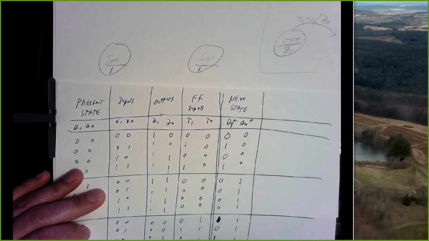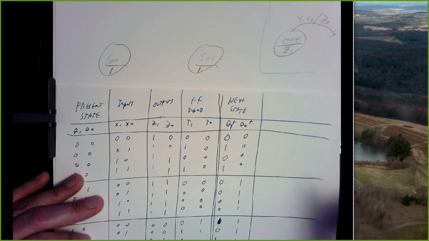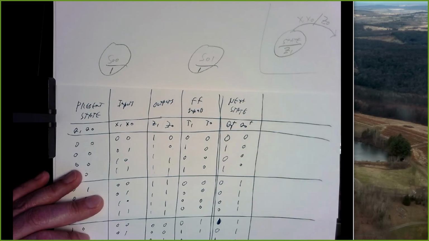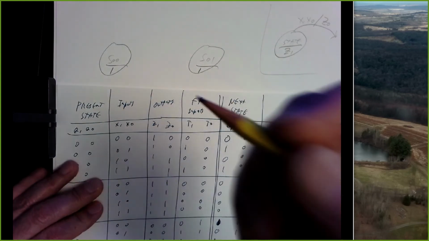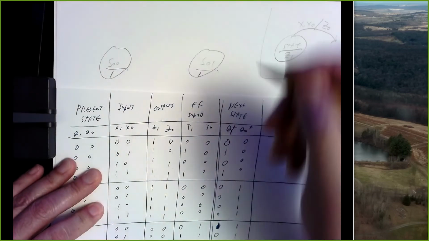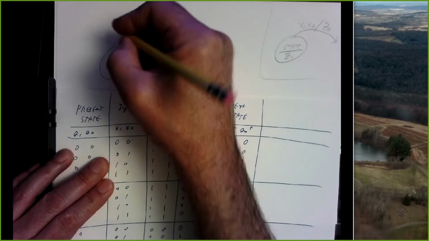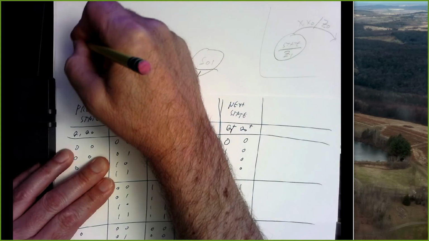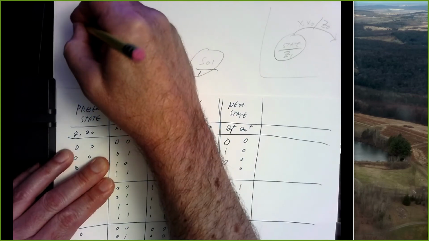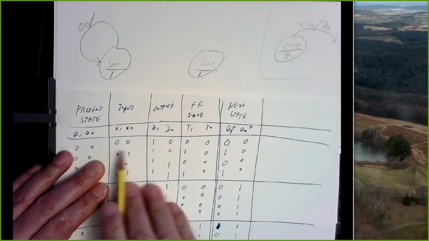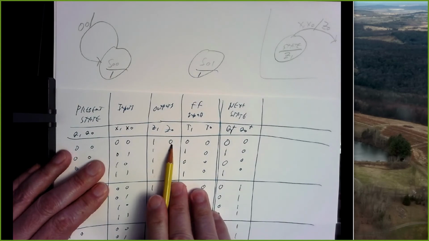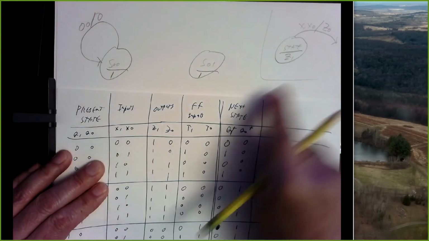Alright, well, we're going to have 4 arrows from each of these, so this is going to become a mess pretty quickly. But let's at least start this. So if your input is 0, 0, you're going to stay in state 0, 0. So I'll draw an arrow like this. And if you're in state 0, 0, your output Z0 is a 0.